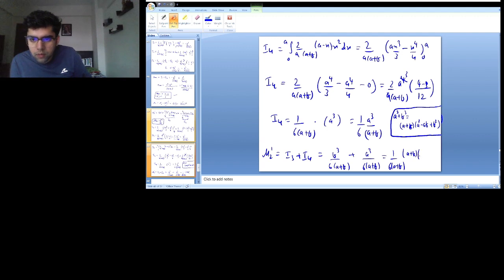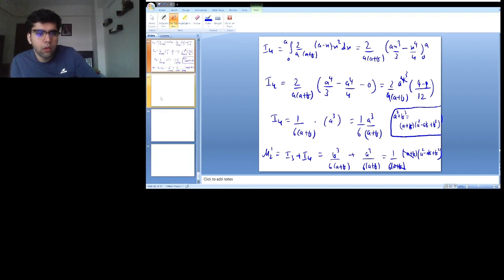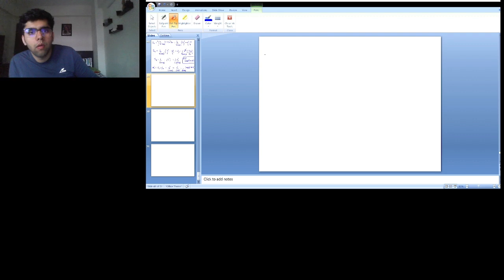Now I'm left with mu2 dash, the second moment with respect to the origin, or E of x square, which is 1 upon 6 (a square minus ab plus b square).